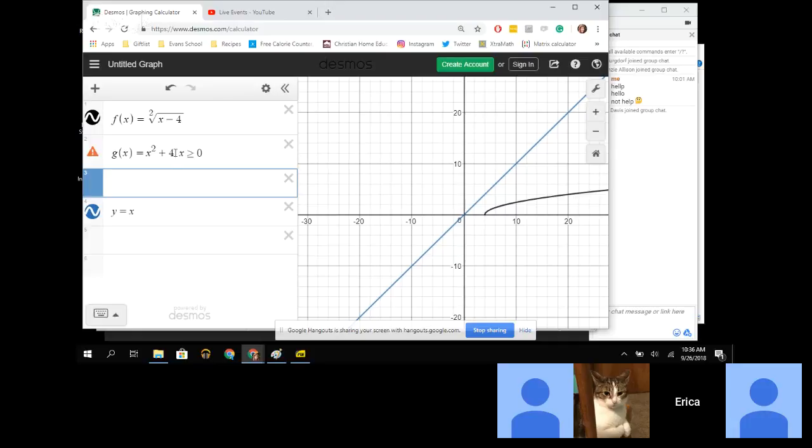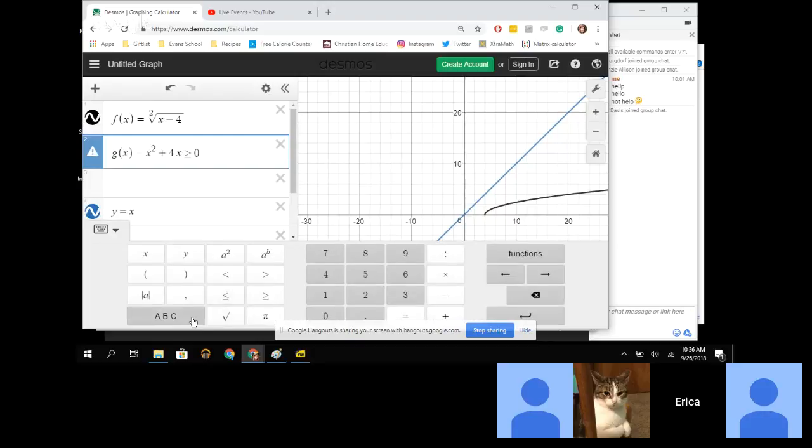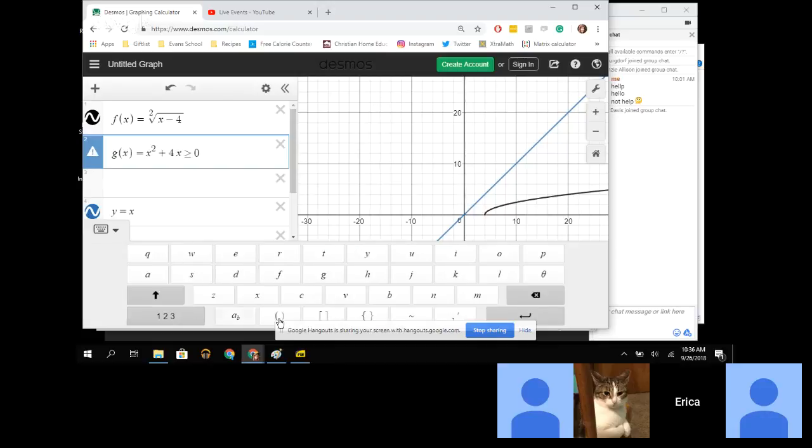And it does not like that I typed it in like that. I always mess up. How do we put that in there? Maybe some brackets. I think I've got to use the fancy brackets to put that in.